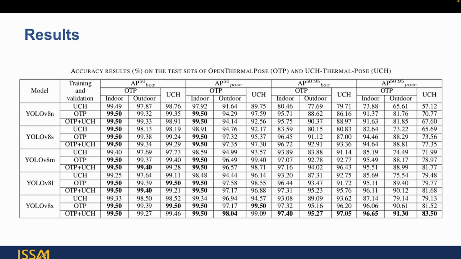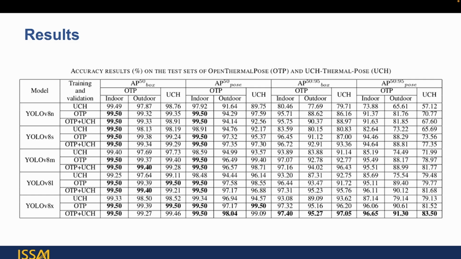For example, the smallest YOLOv8-Pose model showed increases from 80.46%, 77.69%, and 79.71% to 95.71%, 88.62%, and 86.16% in AP50-95 bounding box scores.